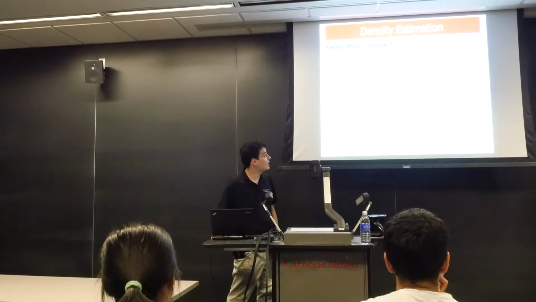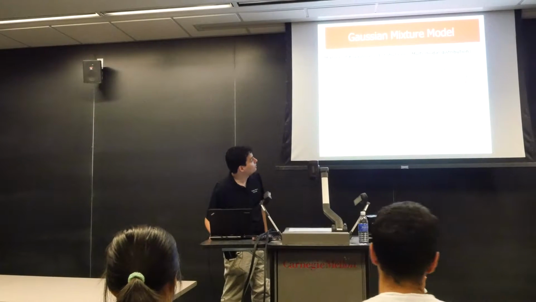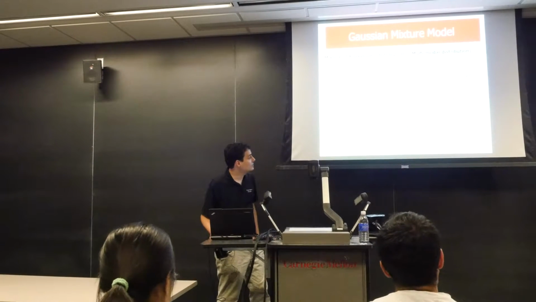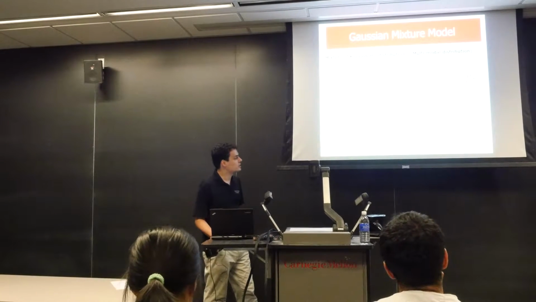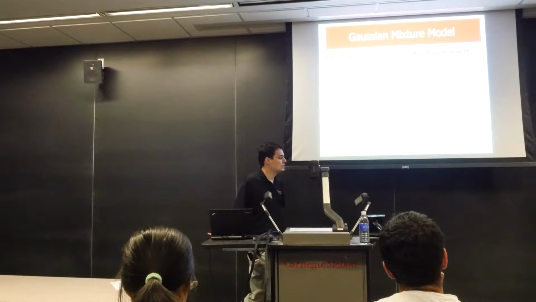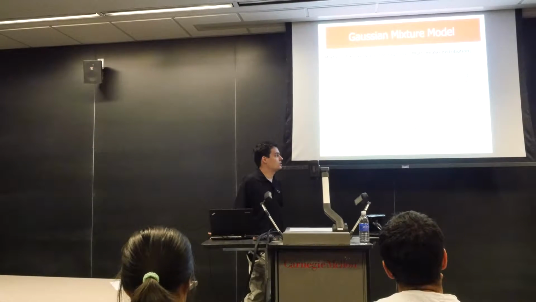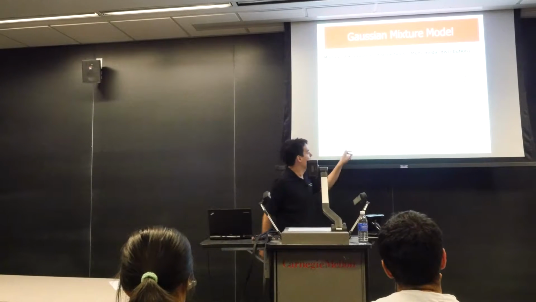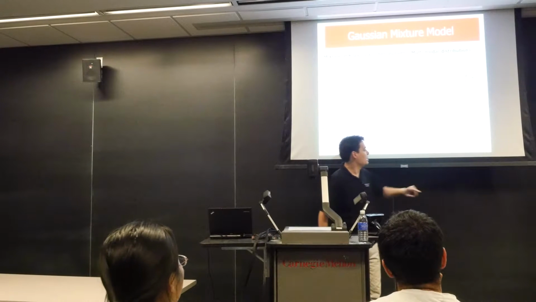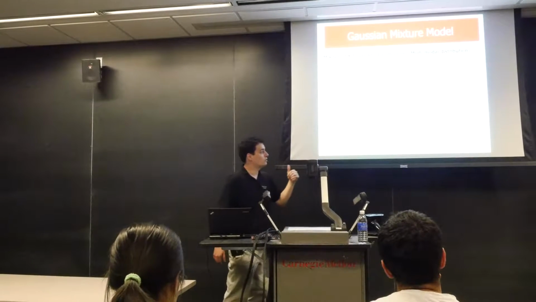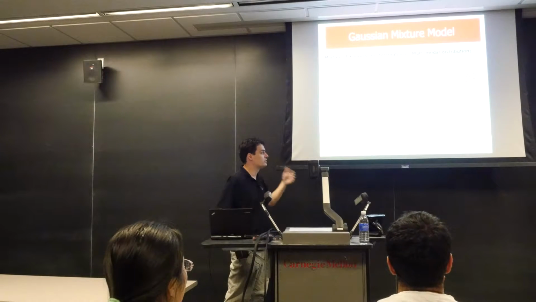So here we have n instances, and we use a generative framework to sample from a mixture of Gaussians. The generative framework is as follows: you have P1, P2, Pk, the prior probabilities of the Gaussians.